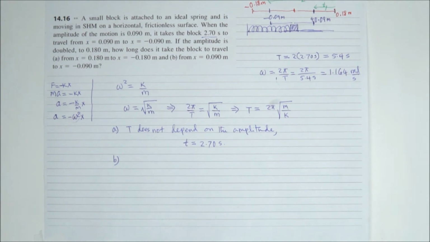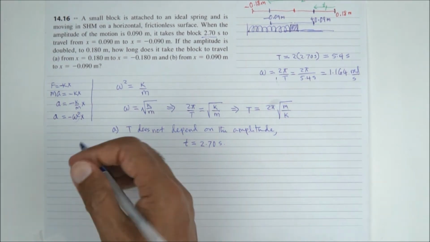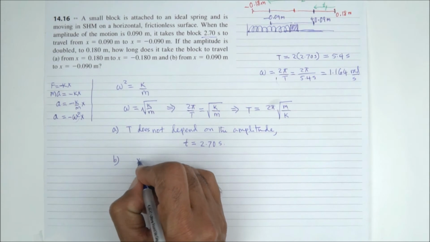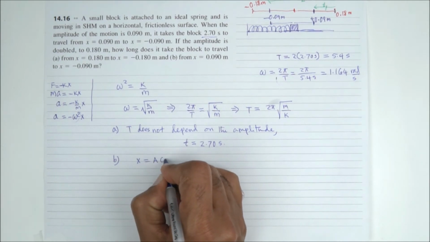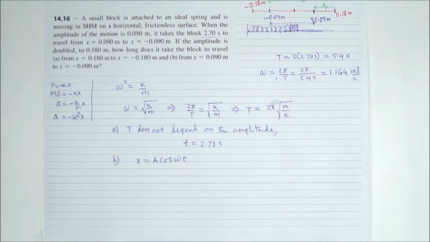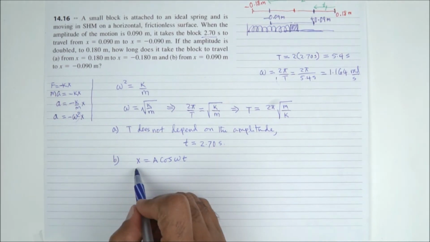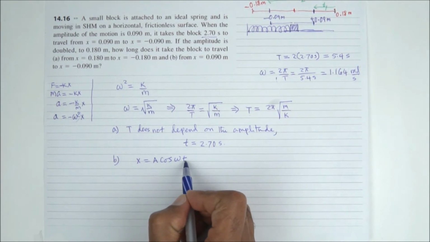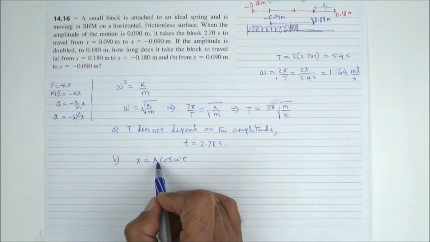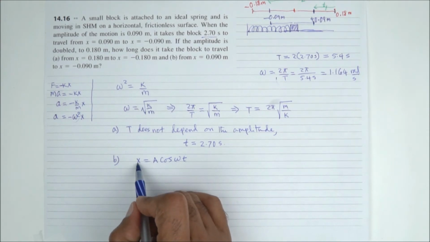To calculate that, you start with the equation x equal to A cosine omega t, and this equation allows you to calculate the time if you know the angular frequency, amplitude, and the location.